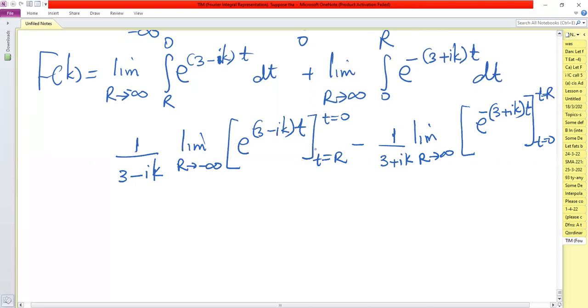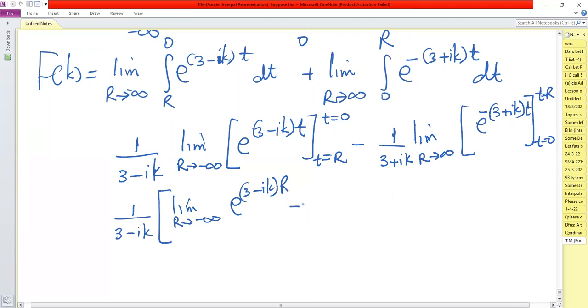Now, for the lower limit, when you put negative infinity, we'll have 1 over 3 minus ik times the limit as r approaches negative infinity of e raised to the power 3 minus ik r.